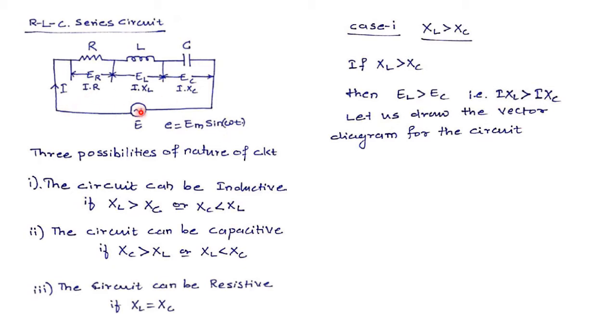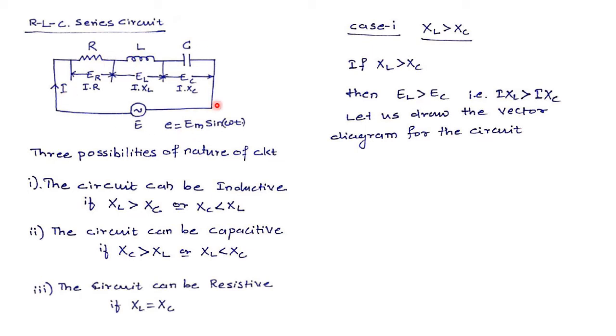Whereas the rule for drawing the vector diagram for any series circuit is that the common quantity that remains the same in all the components is to be taken as the reference vector, because if I take the common quantity as the reference vector, it is very convenient for me to obtain the resultant vector, where the component vectors of that resultant vector are distributed across each component.